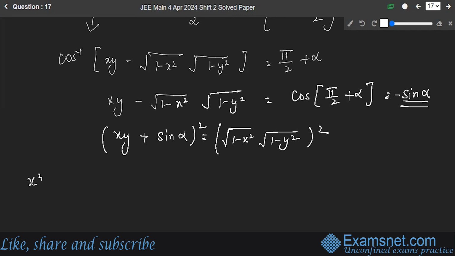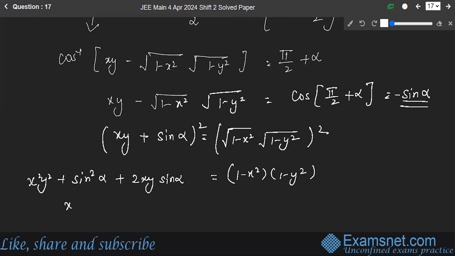This will give me a square, b square, 2ab, right? This is equal to 1 minus x square into 1 minus y square. x square y square plus sine square alpha plus 2xy sine alpha is equal to 1 minus y square minus x square plus x square y square.